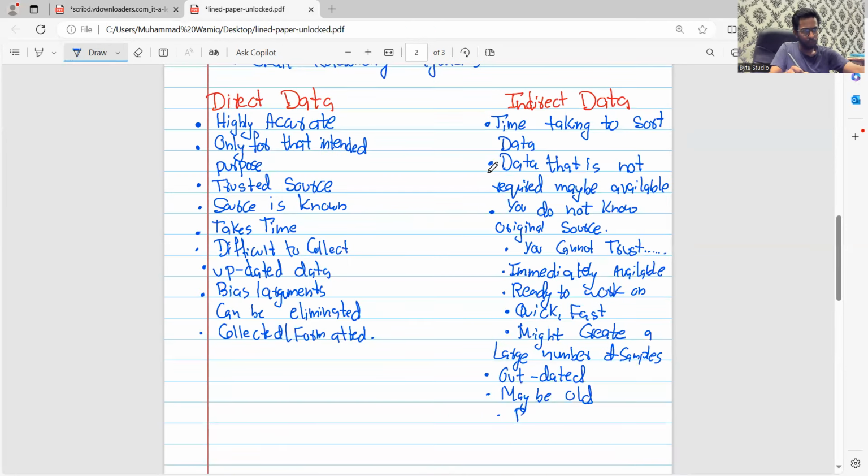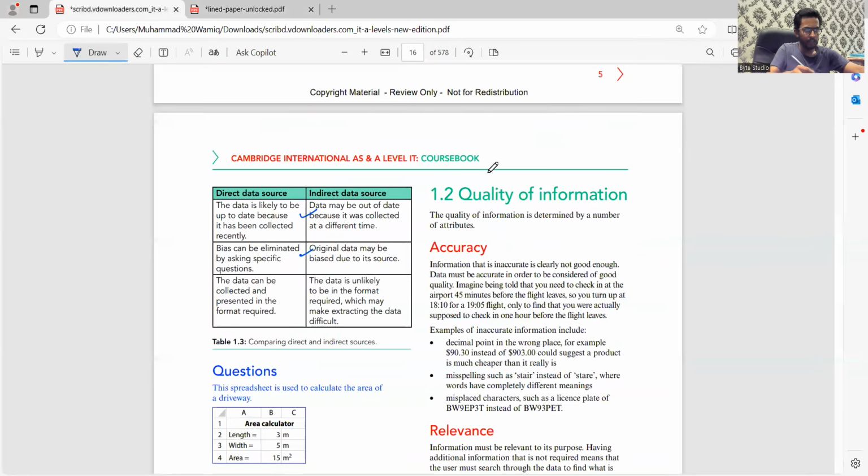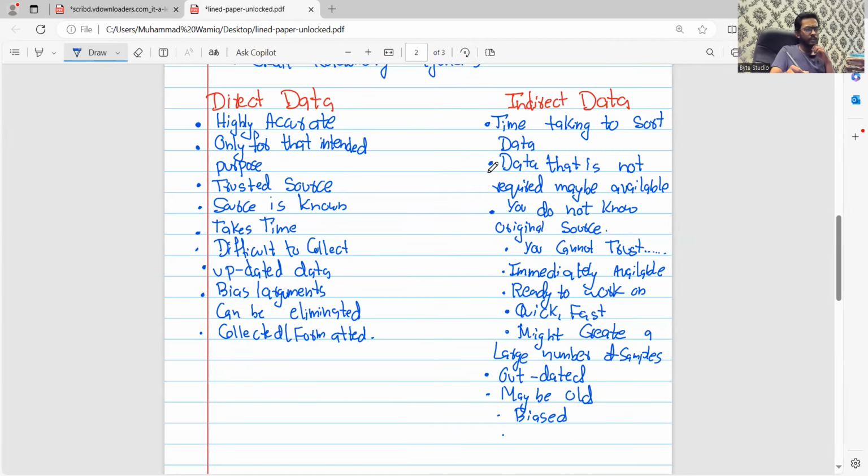Yes, there are chances for it to be biased, and your data may not be in an accurate format. Accurate format not available. That means you have to again sort that data or extract that data into that exact form.